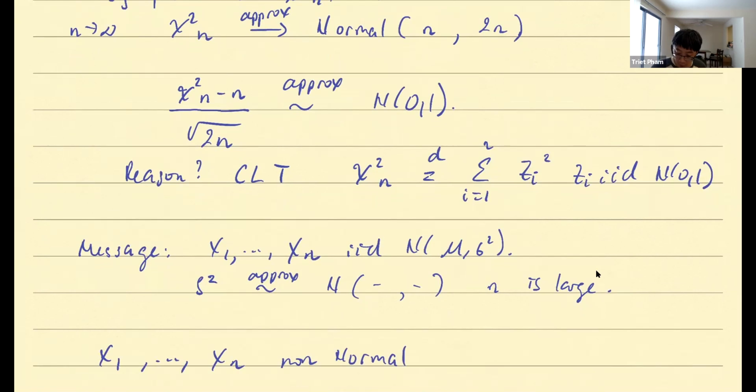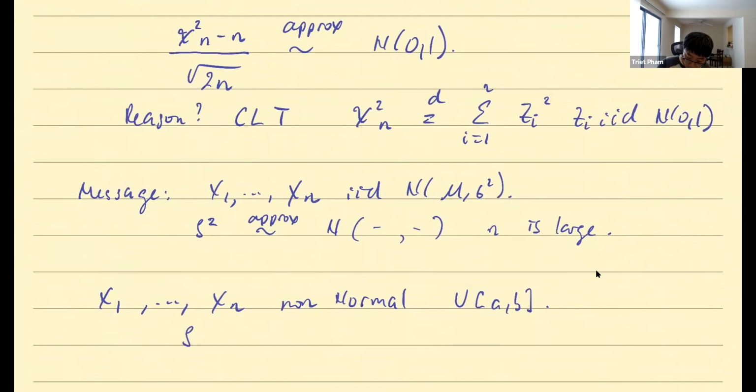Non-normal. So for example, let's say uniform(a, b). Then you can still form the sample variance. Like I said before, you can still have the sample variance.